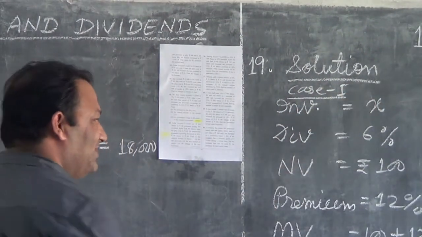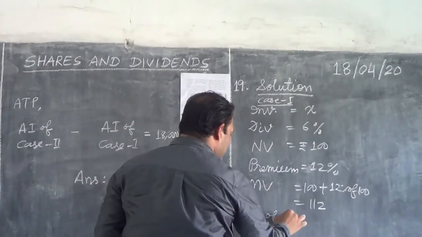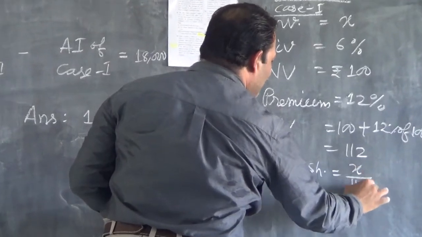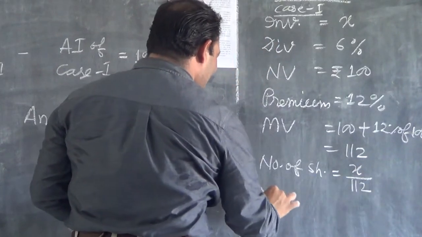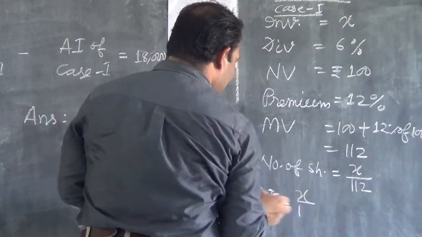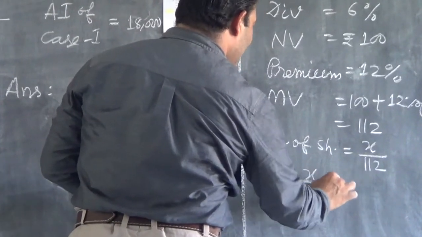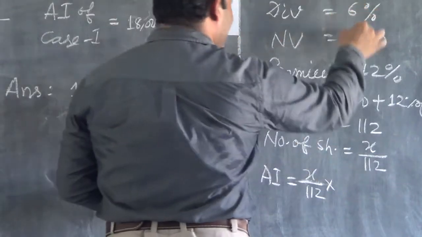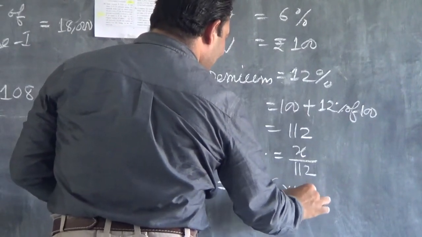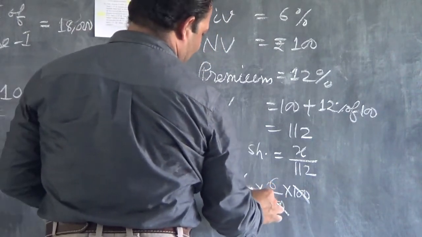In case 1, I have to calculate number of shares. Number of shares equal to investment by market value. Also, I will calculate annual income equal to number of shares, X by 112, into 6% of 100. 6% of 100 will give the answer 6.